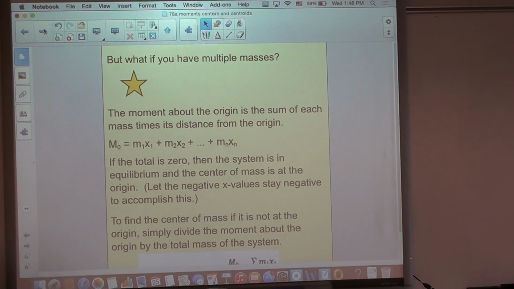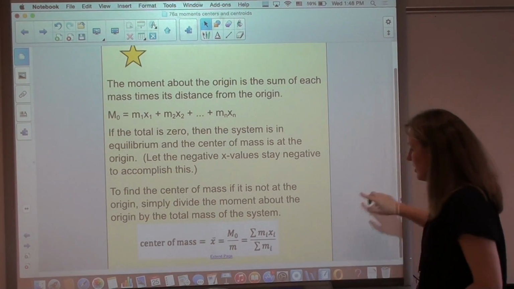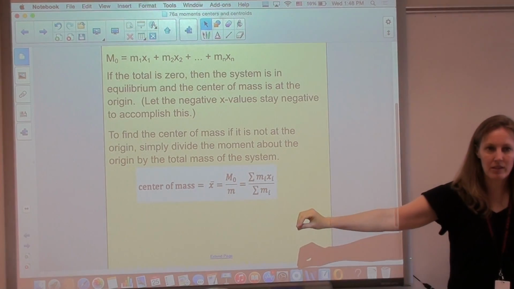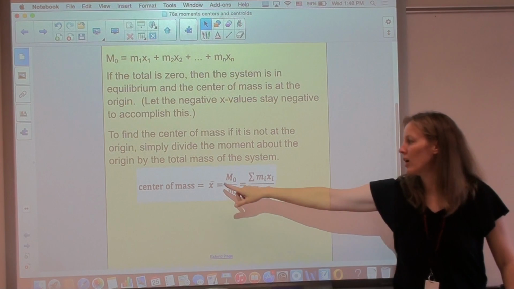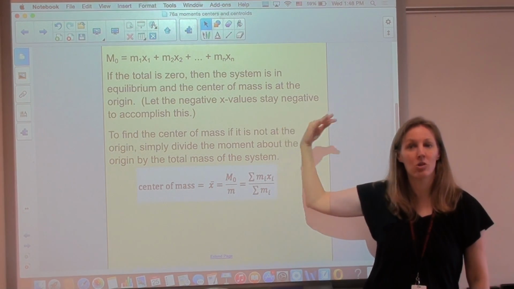To find the center of mass, if it is not at the origin, we simply take the moment about the origin and divide by the total of all of the masses. This is just on a linear system. Our center of mass, which we call x bar, whenever you have a bar over a variable in math, it usually means average.